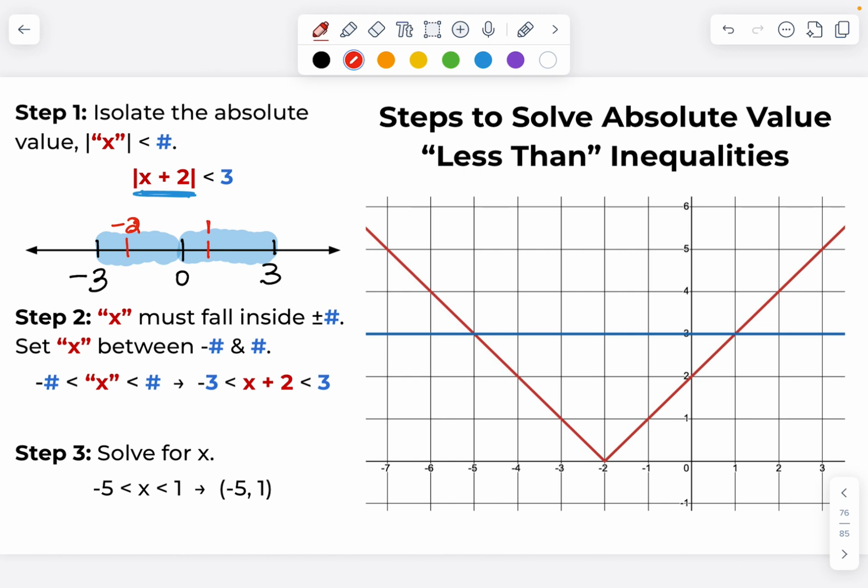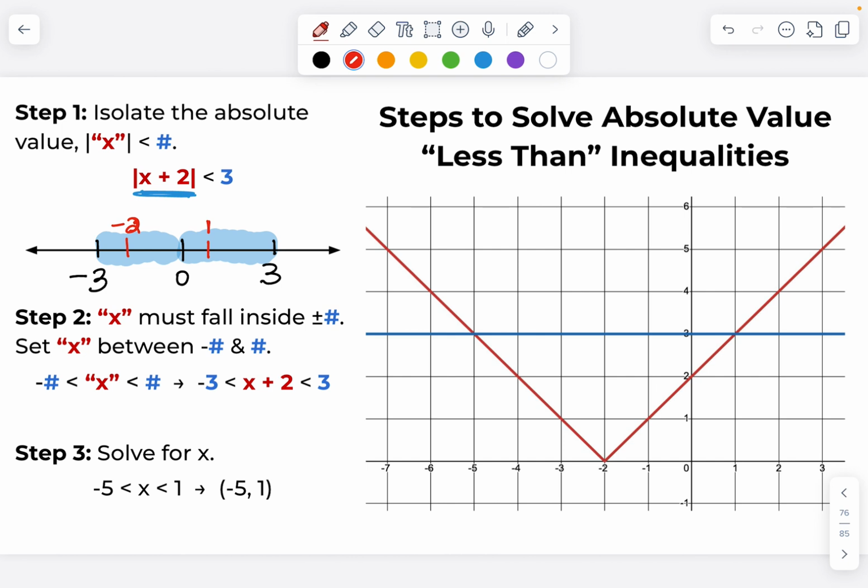The absolute value of 1 is 1, because the absolute value of any positive number is just itself. We can think about absolute value as distance from 0, so the distance from 0 is 1. So 1 is less than 3, so that also works out. So these values between negative 3 and 3, as long as x plus 2 is between negative 3 and 3, we're good to go.